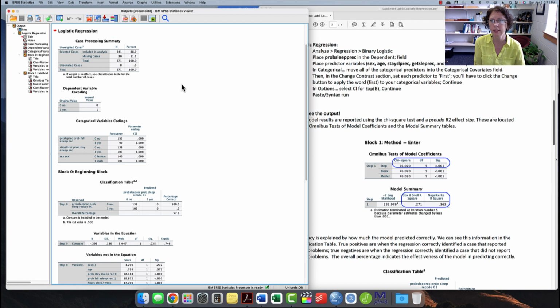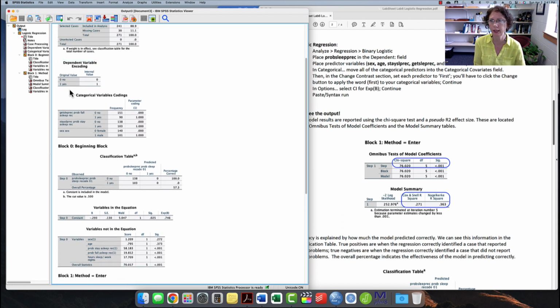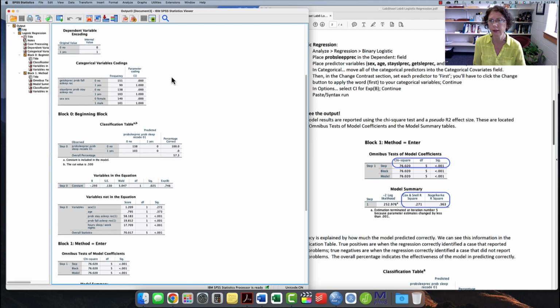That's because some of them were missing data. And that's something you'll need to know when you're doing your write-up later, that our N, our sample size for the regression, was 241. We also have information that the outcome variable, so reporting problems with sleep, no was 0 and yes was 1. That's a good confirmation that we have it correct.